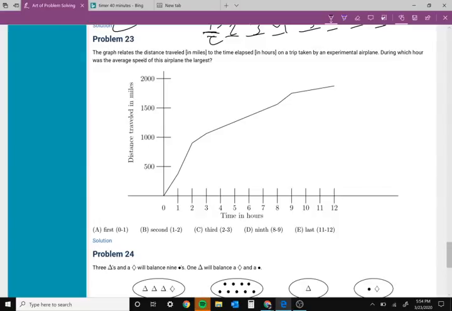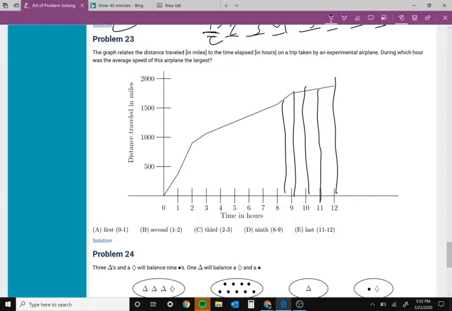The graph relates the distance traveled in miles to the time elapsed in hours by an experimental airplane. During which hour was the average speed of this airplane the largest? Isn't it just the last? Is there something I'm missing here? It's an old competition. Maybe they didn't teach this, but we draw this thing. The average speed of the plane needs to be largest.